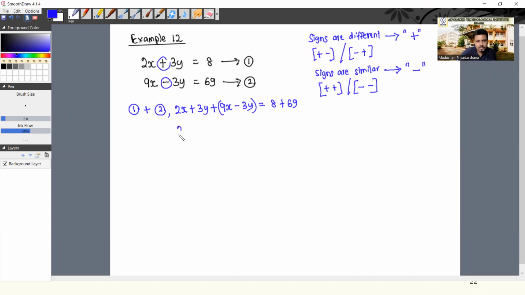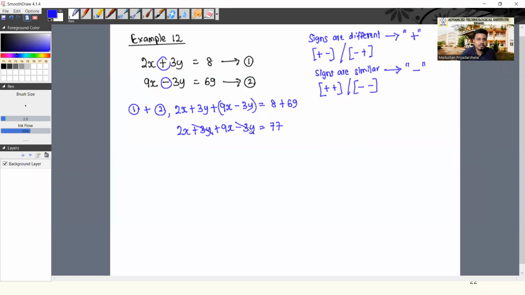So here 2x plus 3y plus 9x minus 3y equals 77. Look, plus 3y and minus 3y we can cancel.